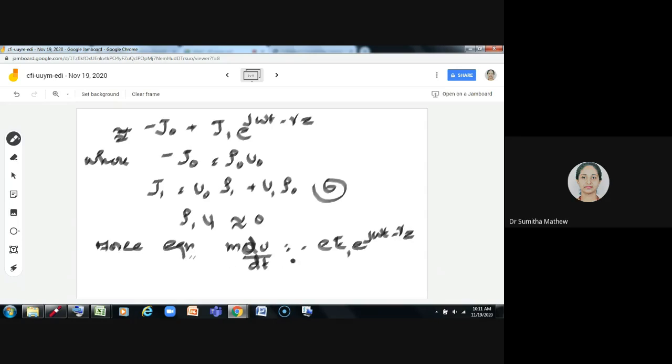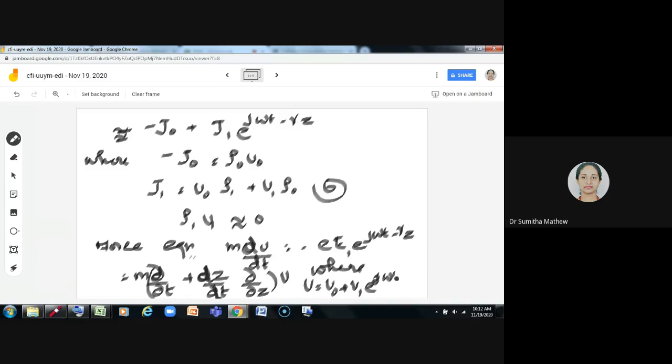Mass into acceleration is equal to m into dou by dou t plus dz by dt into dou by dou z of v, where v is equal to v0 plus v1 e raised to j omega t minus gamma z.